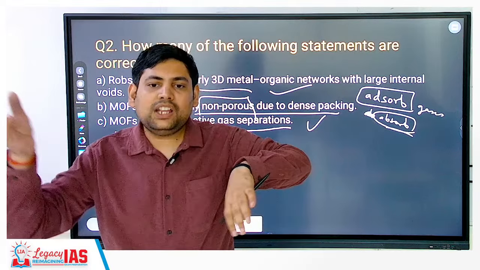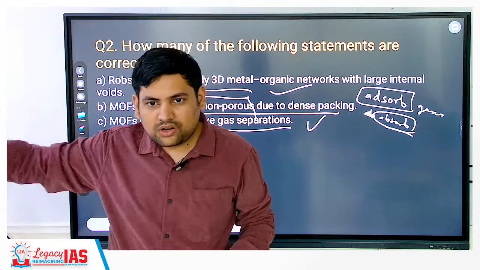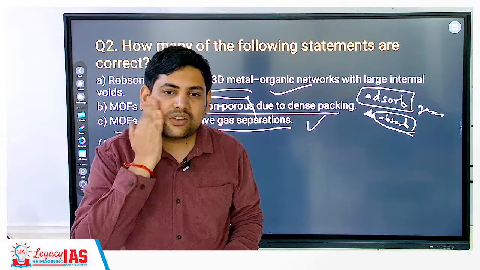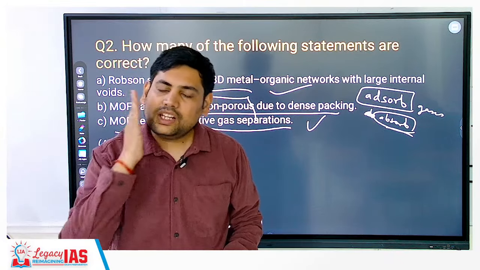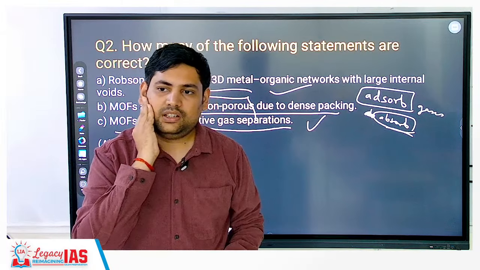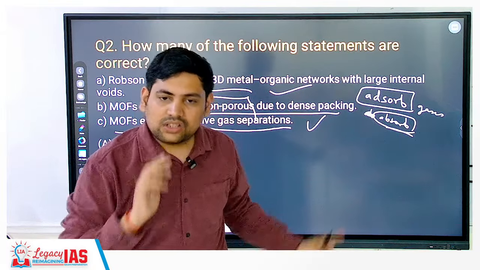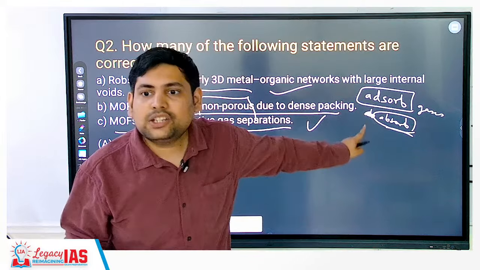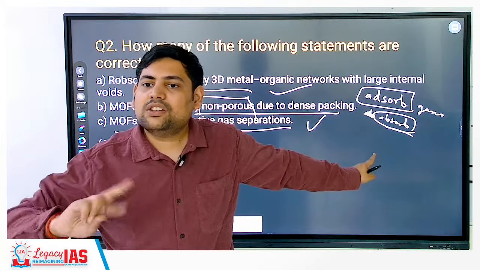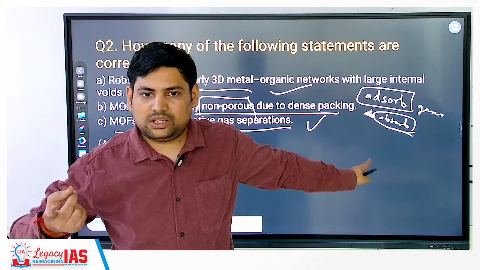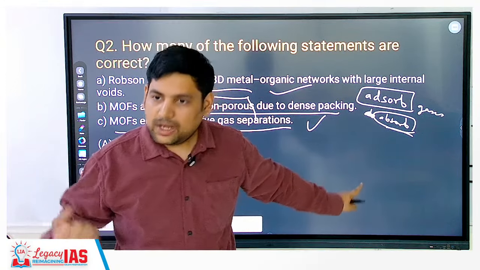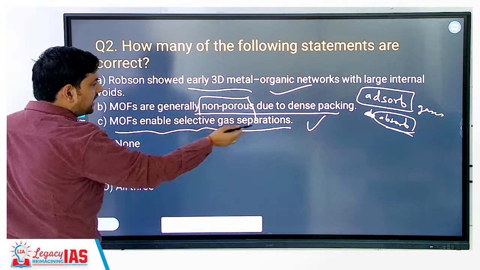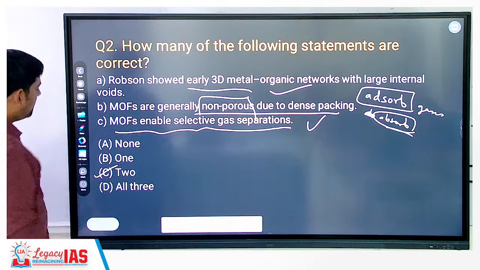Adsorb is simply when you go out and all the particles from the coal and other things get on your face, that is like adsorption. That is just kept on your face, on the surface. Because it is an entirely surface-related phenomenon, they are adsorbing. UPSC has interchanged them to make a wrong statement. So there is adsorption, not absorption. Okay, then MOF enables selective gas separation. This is correct. So two of them are correct.